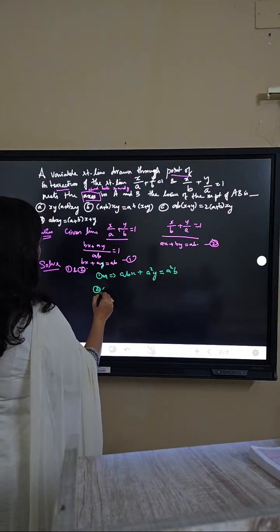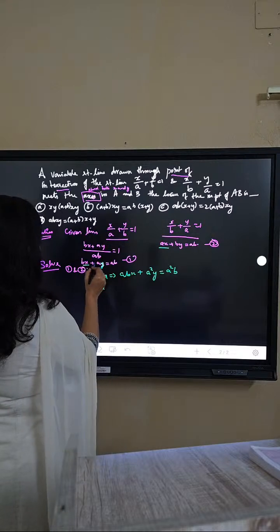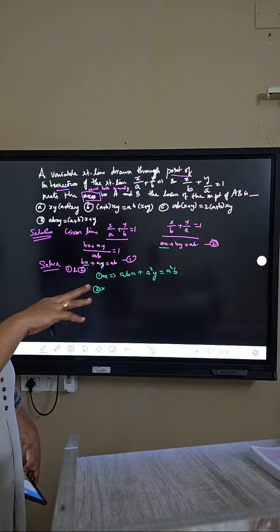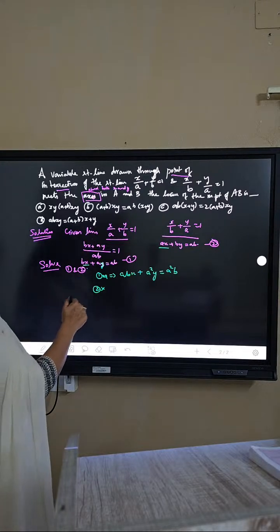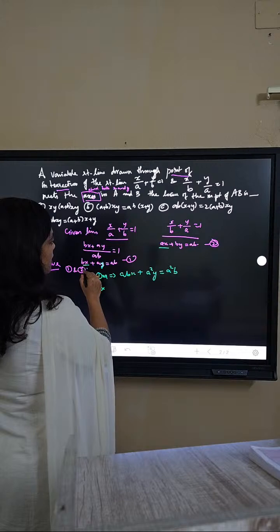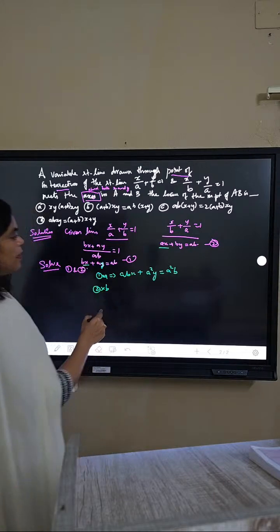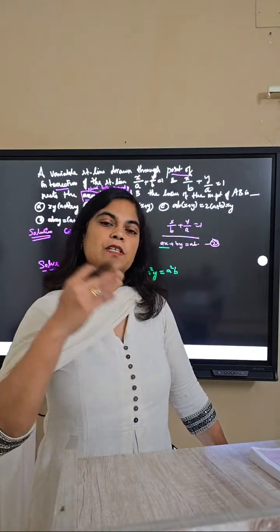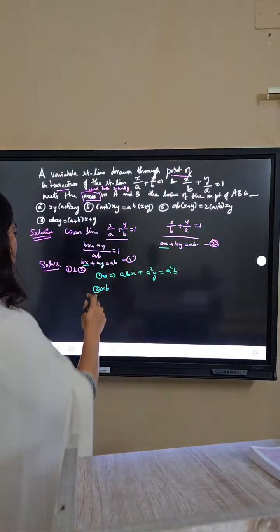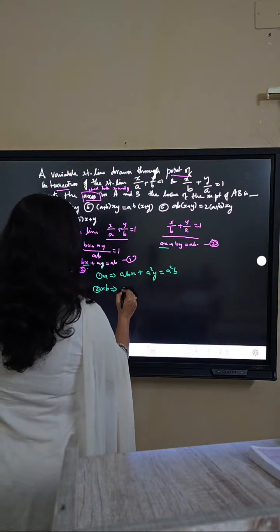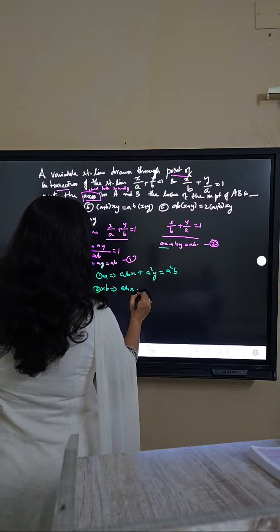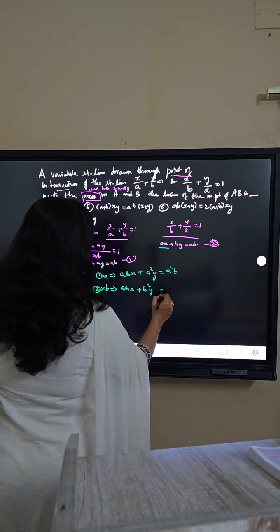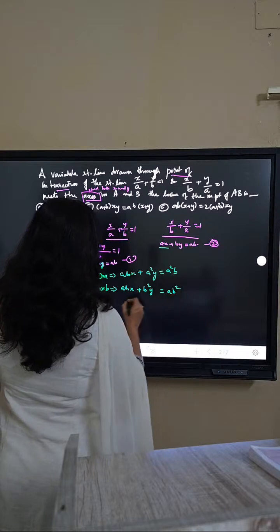The second equation is ax right now, so you just swap the coefficients and multiply, then only it will be similar. Multiply the coefficient of the first equation into the second equation, and the coefficient of the second equation into the first equation. So this will be abx plus b square y equal to ab square, right?